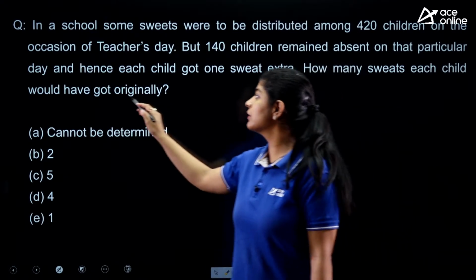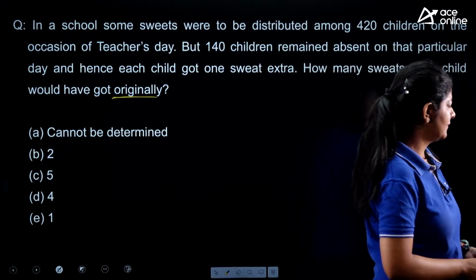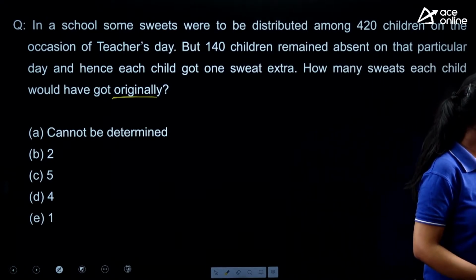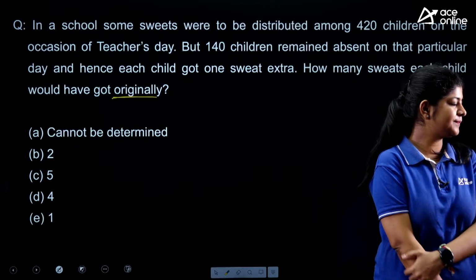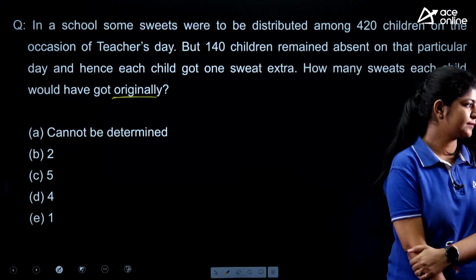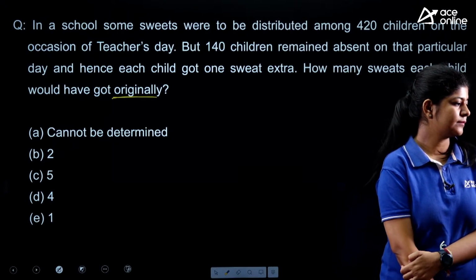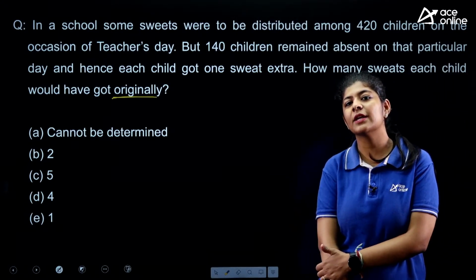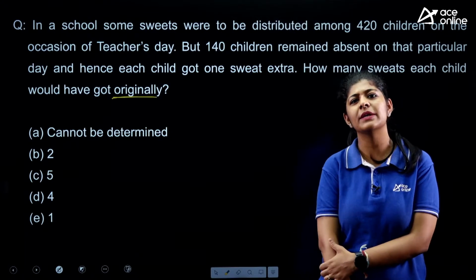We need to find out the originally got sweets. So what answer are we getting in this one? It's a very simple one. First what we have to do is simply make an equation, and accordingly we have to find out on which multiple it is.